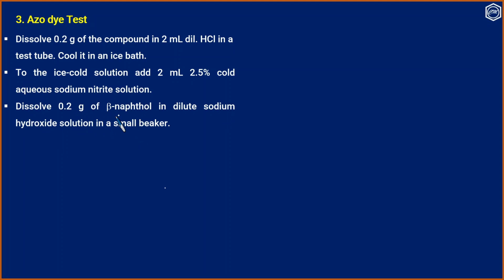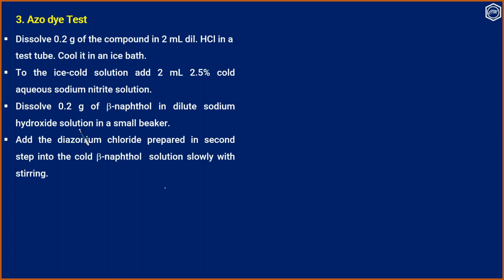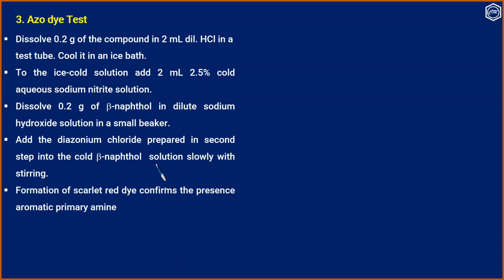Now dissolve 0.2 gram of beta-naphthol in dilute sodium hydroxide solution in a small beaker. Add the diazonium chloride prepared in the second step into the cold beta-naphthol solution slowly with stirring. Formation of scarlet red dye confirms the presence of aromatic primary amine.